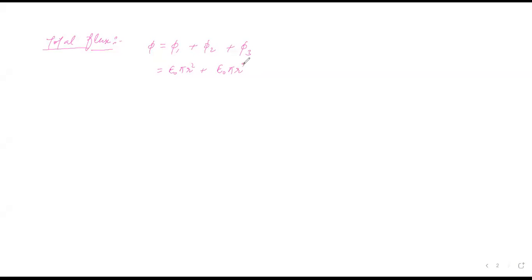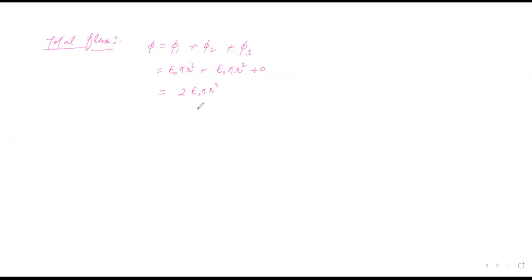And the last one, phi 3, is 0. Finally, you get 2 E naught pi r square.